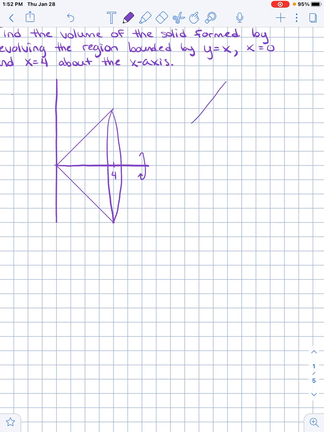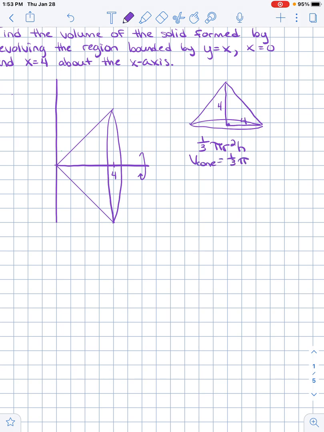And we know a little bit about the volume of a cone already. The volume of a cone is 1/3 the area of the base times the height. So in this case, 1/3 pi r squared times the height. On our cone, the radius of the base is 4, and the height of the cone is also 4.